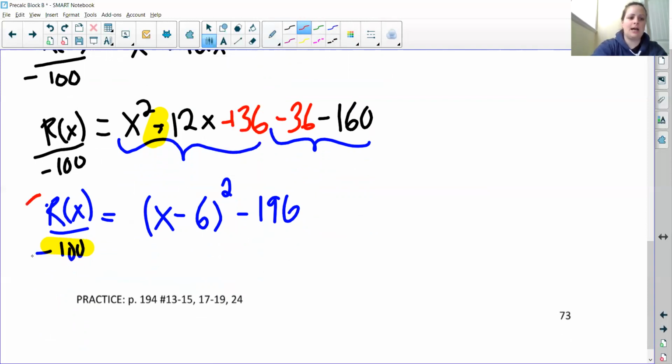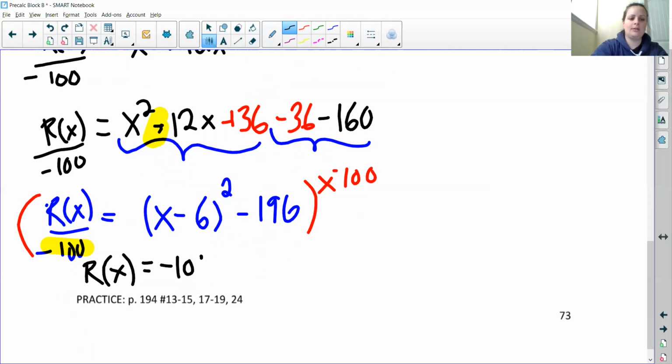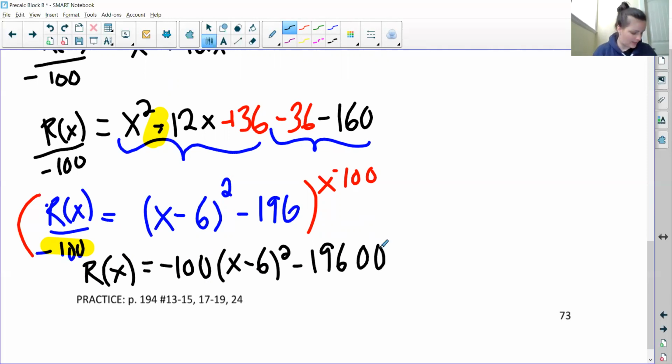So we're going to multiply everything by, not 100, by negative 100. And so you're going to get r of x equals negative 100 times x minus 6 squared minus 196, add those two zeros, okay?